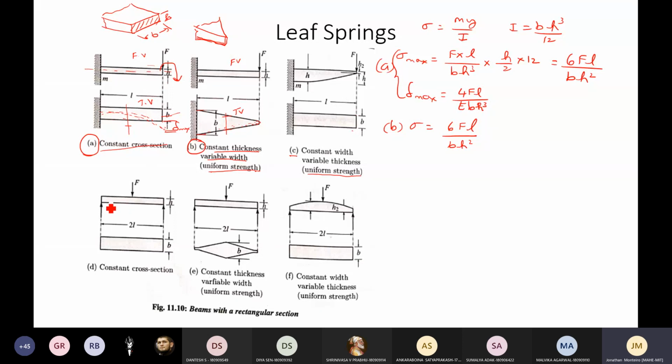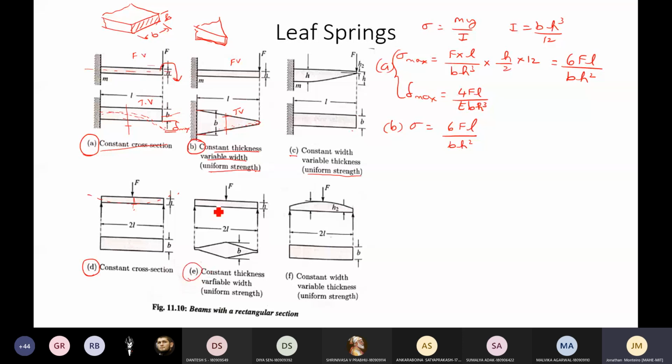But what if you use a constant cross section here in a different kind of support, that is, using a simply supported arrangement? Of course there is sagging over here, and the maximum deflection will come at the center, particularly if F is placed at a distance of L when the total length is 2L, exactly at the center.